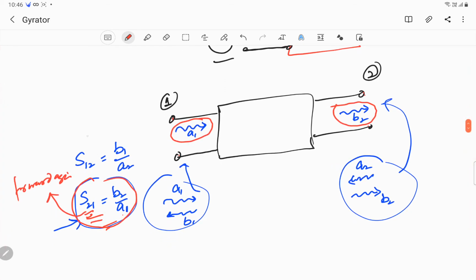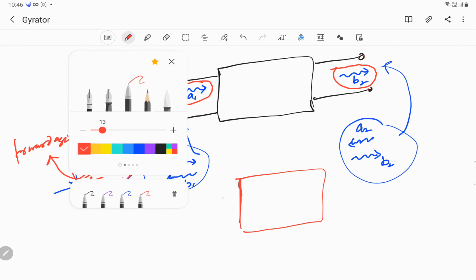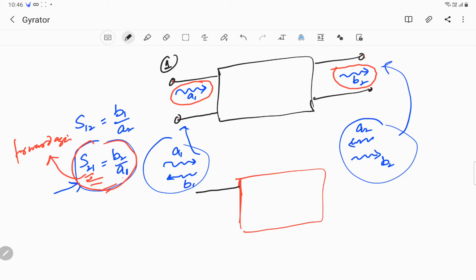Now what is S12? In case of S12, I'll redraw this circuit. Let us assume this is port 1, this is port 2. Now if I feed a signal A2 here, let me use a green marker, I'll receive B1 here, assuming the ports are perfectly matched, with no reflections at the ports.